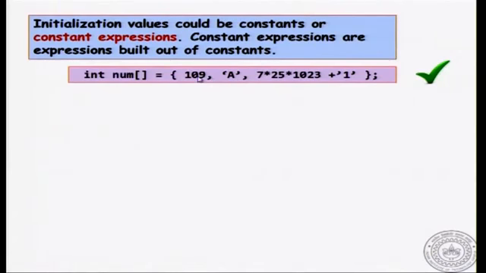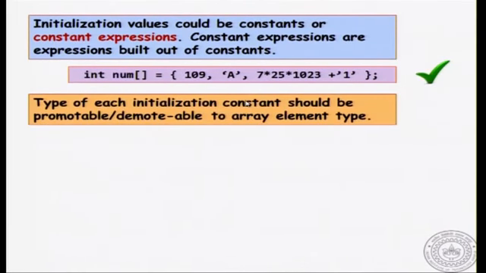So the first number will be 109, the second number will be 65, let us say, if the ASCII value of A is 65, and the third value will be 7 * 25 * 1023 plus the character constant '1'. So whatever the ASCII value of the character '1' is, let's say 90 or something, it will be added to this constant expression and it will be initialized to that value. num[2] will be the result of evaluating this expression.